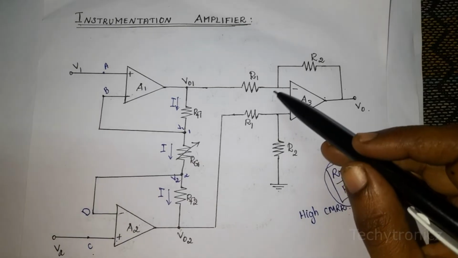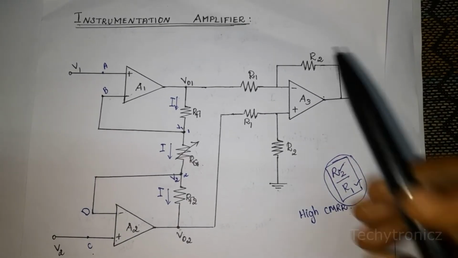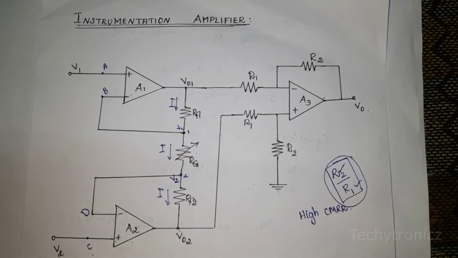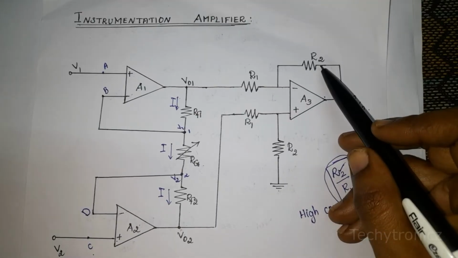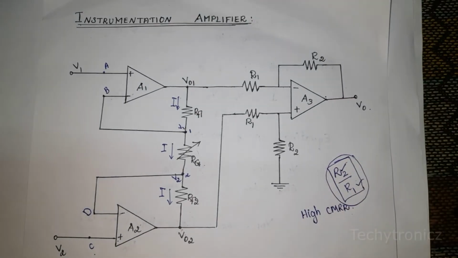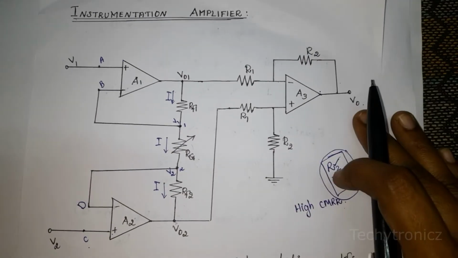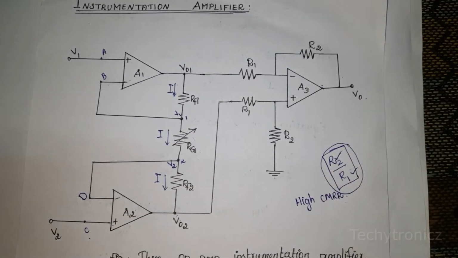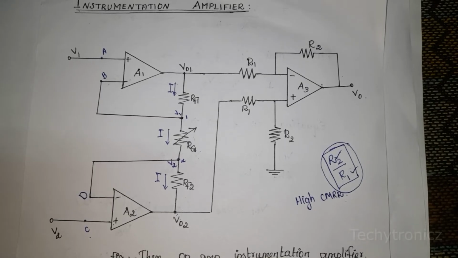Here, if we need to change the gain, we need to change two resistance values, that is R1 and R2, and also we have to maintain the equal ratio between R2 by R1. But the instrumentation amplifier allows this flexibility.